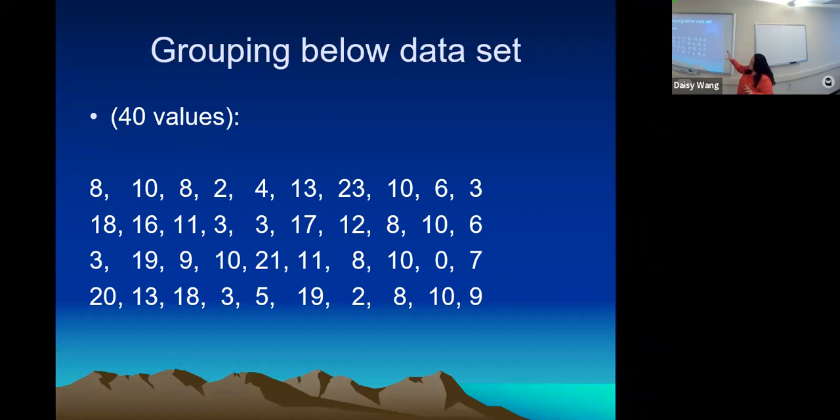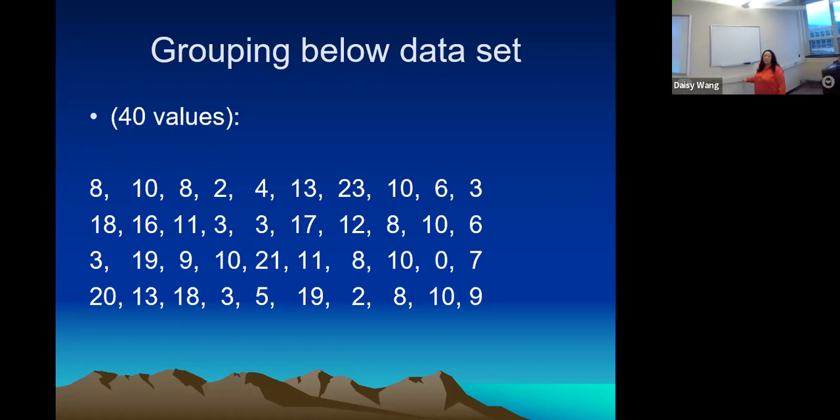We need to separate it into 6 groups. The smallest number is 2, and the highest is anything bigger than 23. So it's 23 minus 2, 21, divided by 6. It's like 3 point something, so we can use 3 or 4. I'll use 4.